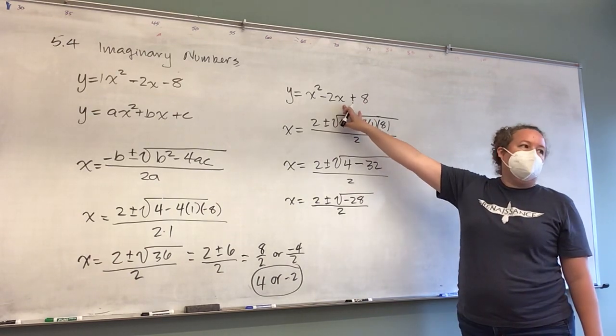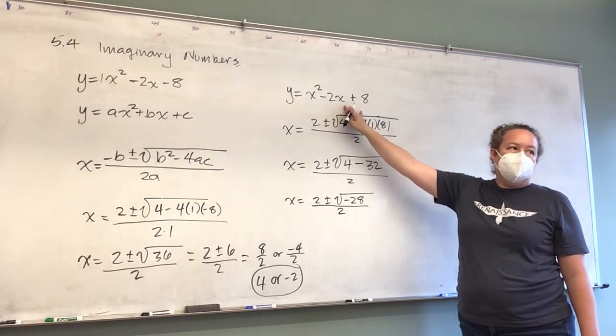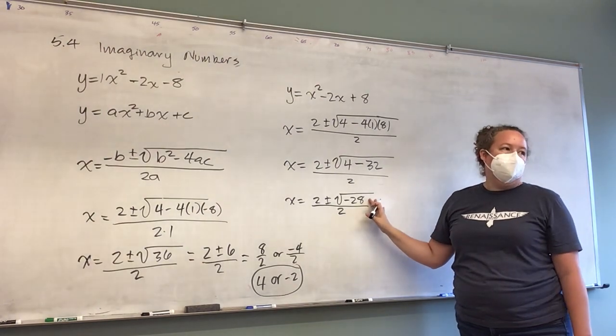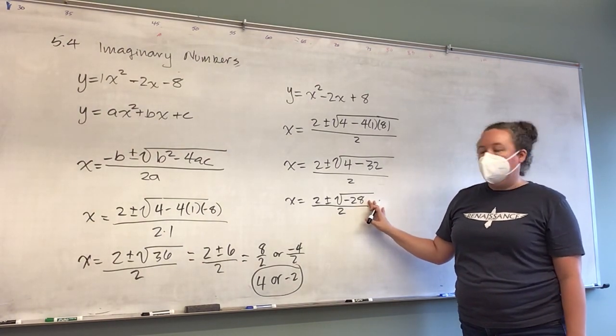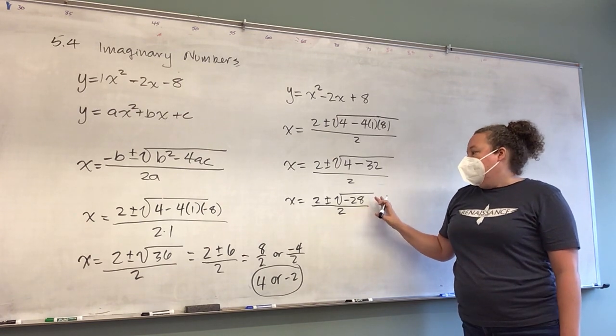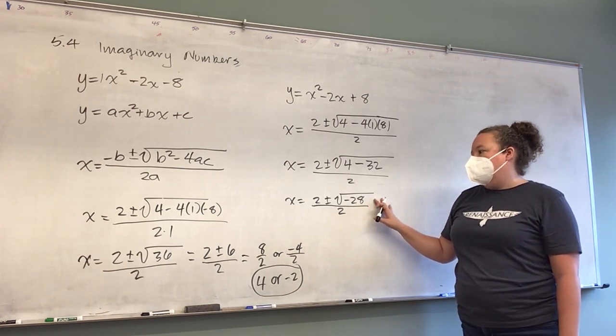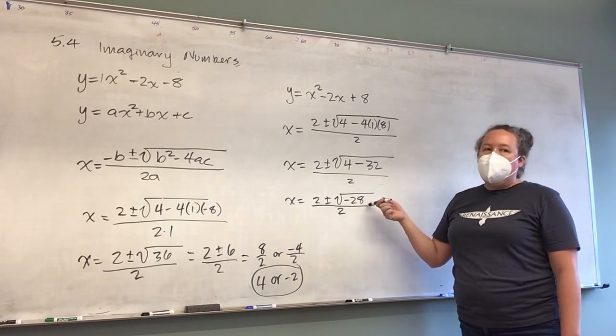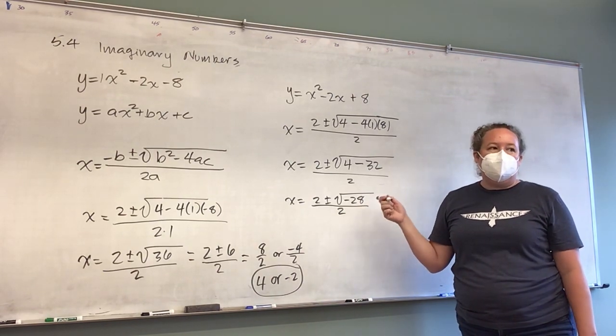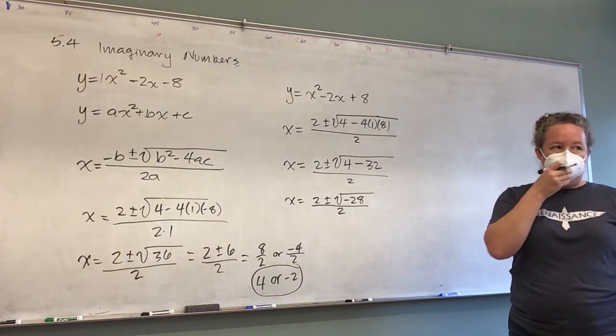This parabola is not going to cross the x-axis. We're trying to take the square root of a negative number. This is going to only have imaginary roots.